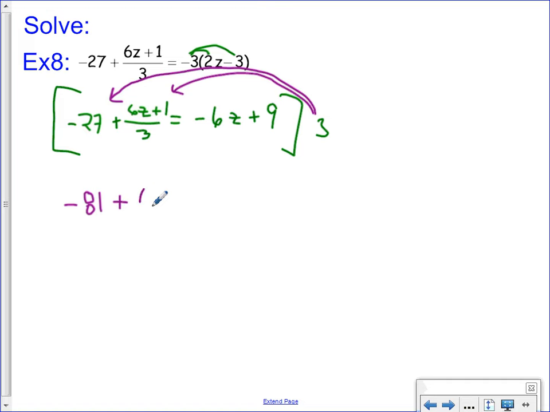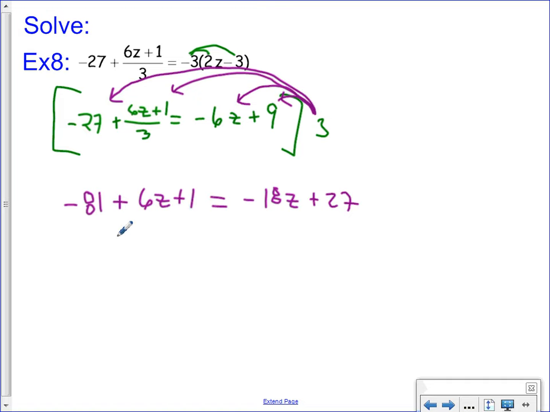So you're going to get 6z plus 1, right? And then negative 3 times negative 6z, negative 18z, and then 3 times 9 is 27. Now what? Let's combine. I'm going to move the 18z to the other side, and then combine the numbers.